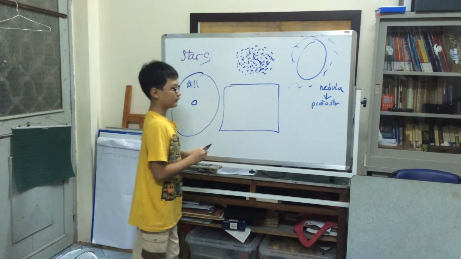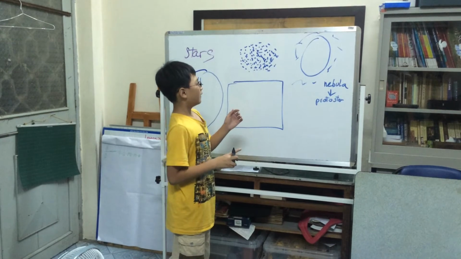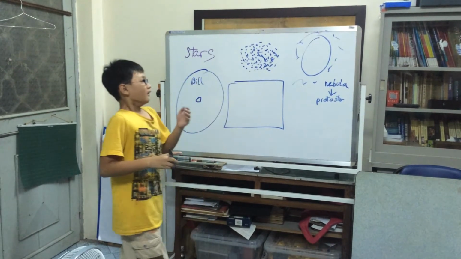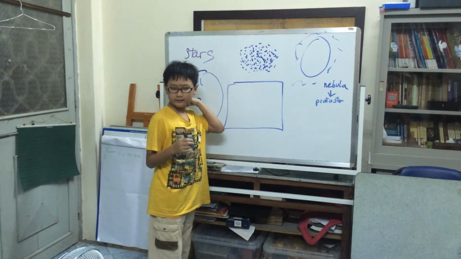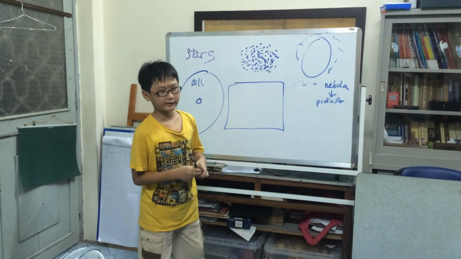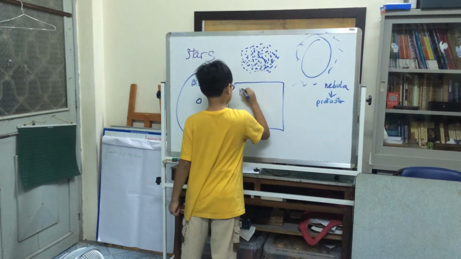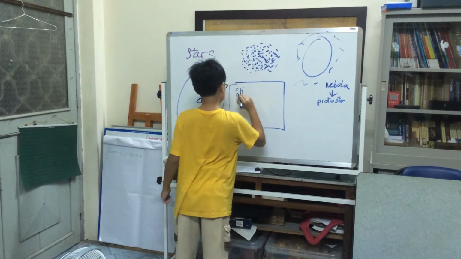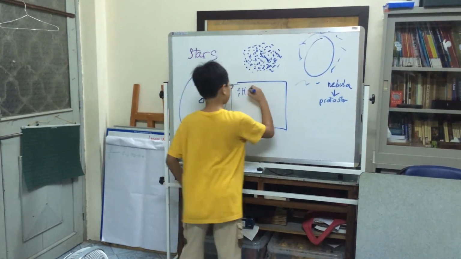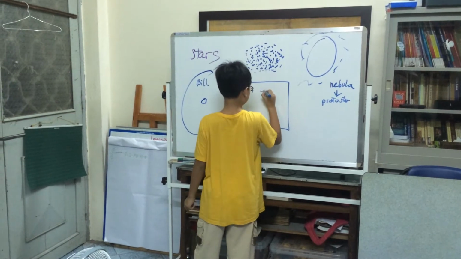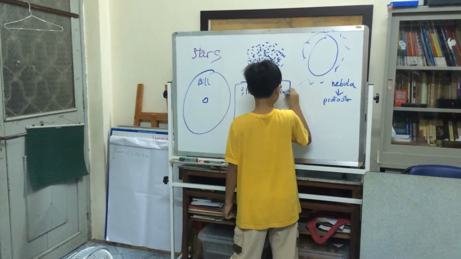So two of these hydrogen, now we call this isotope of hydrogen, one proton and one neutron, hydrogen 2. Now hydrogen 2 atoms, I'll just write H2 here, can come together with another hydrogen 2 here to make helium 4.